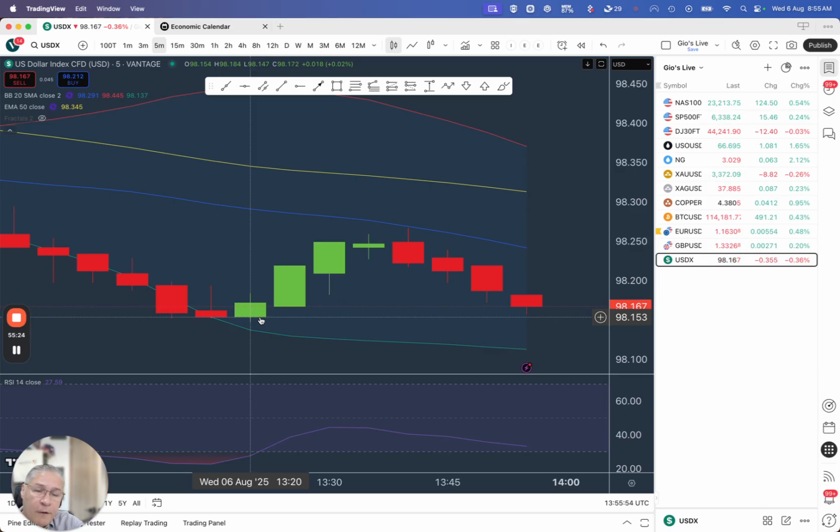Therefore, I have 98.15 in my mind, and I know that when the momentum started to the downside on the dollar index, the index was showing me a negative 0.285. So I could understand also that 98.15 could be somewhere close to negative 0.400.